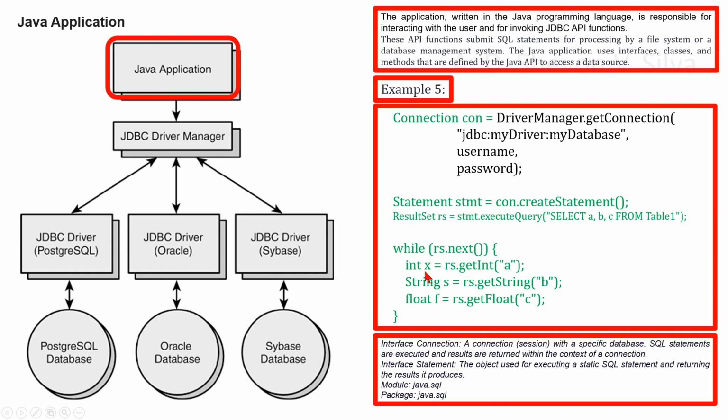Get string retrieves the value of the designated column in the current row of this result set object as a string in the Java programming language. Here get float retrieves the value of the designated column in the current row of this result set object as a float in the Java programming language.